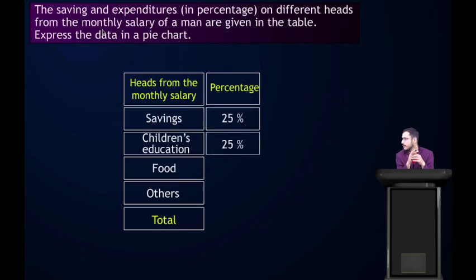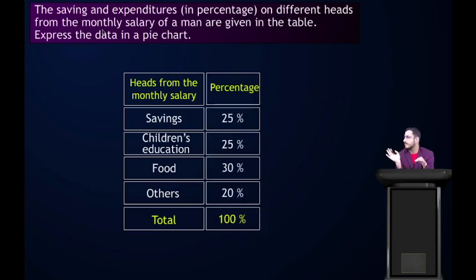Now one more example here. Let's do it. The savings and expenditures in percentage on different heads from the monthly salary of a man are given in the table. Express the data in a pie chart. Now here you can see the data: heads from the monthly salary and percentage.